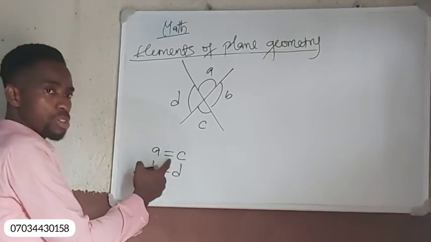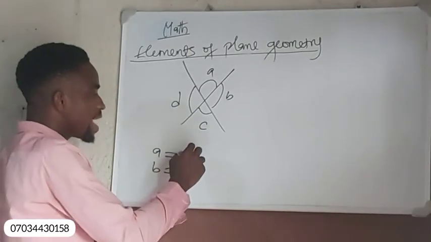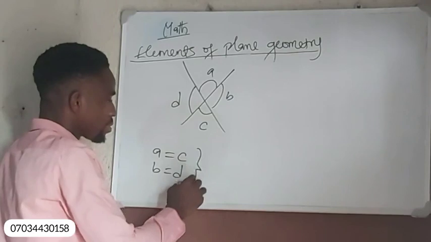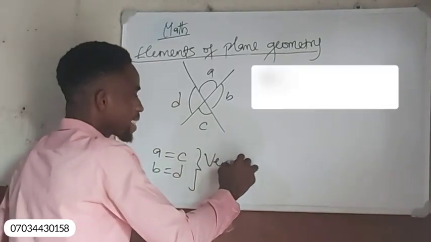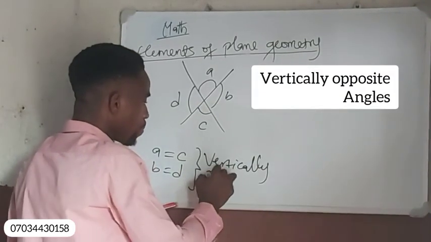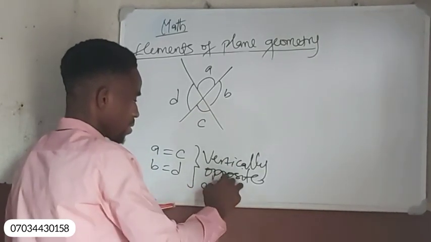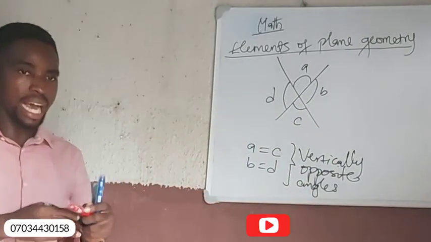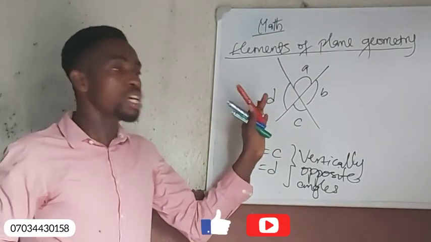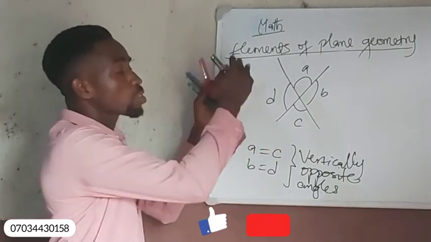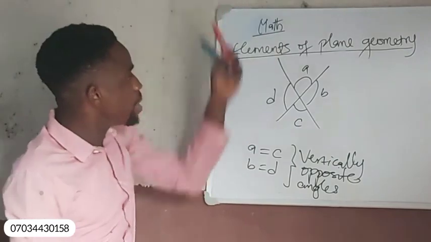Angle A is equal to angle C and B equal to D because they are called vertically opposite angles. Vertically opposite angles. These have been found to be true for any set of lines in measure.